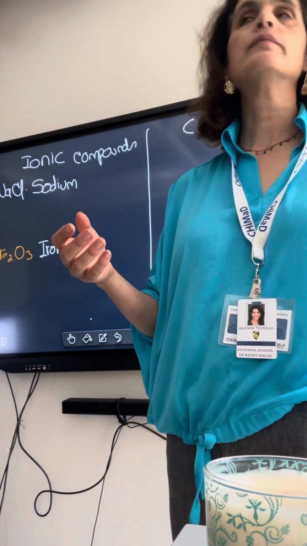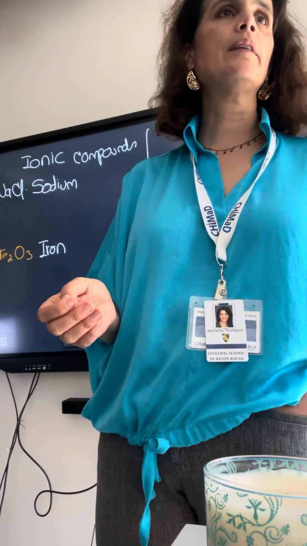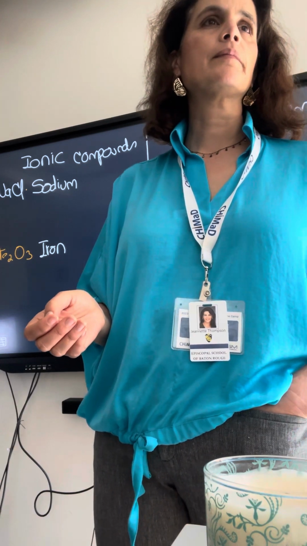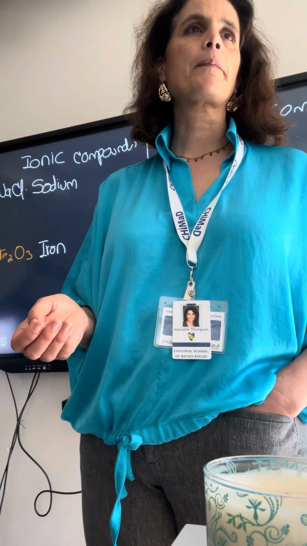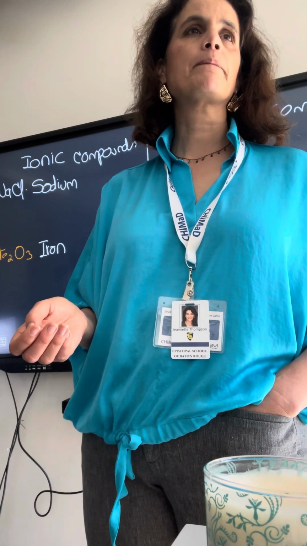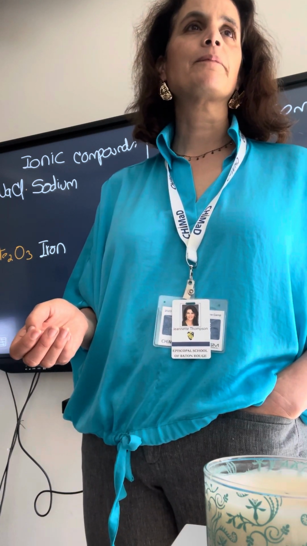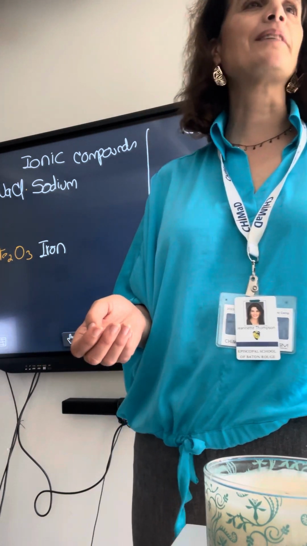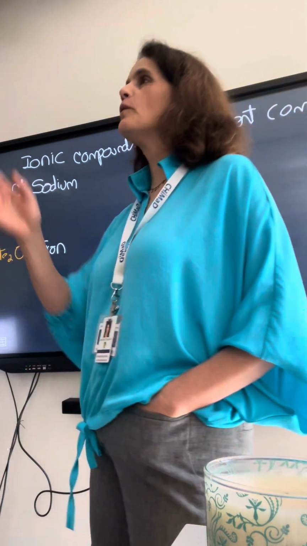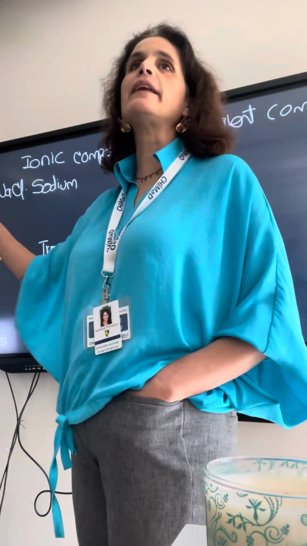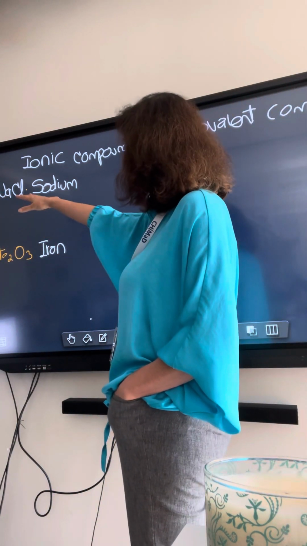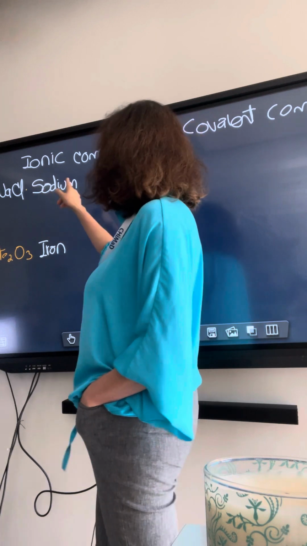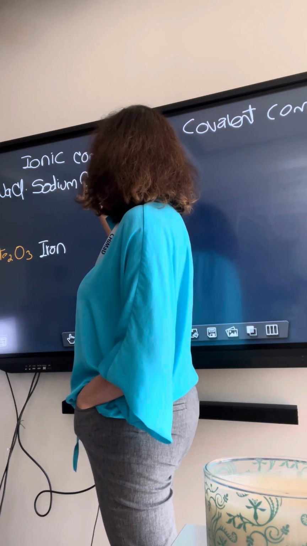Not the transition metals, boron. What will be the charge? +3. So +1, +2, +3. So you don't write them for those, right? That's where that falls. So we call sodium, and then we put the name of the non-metal.